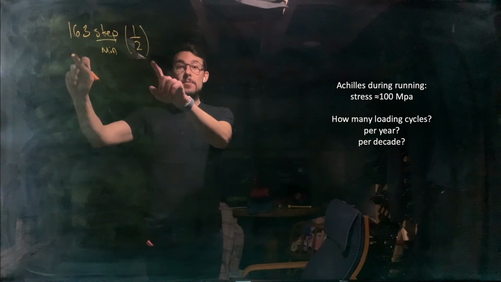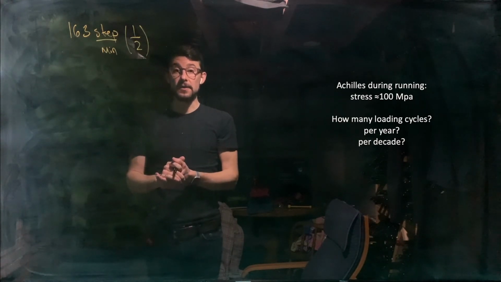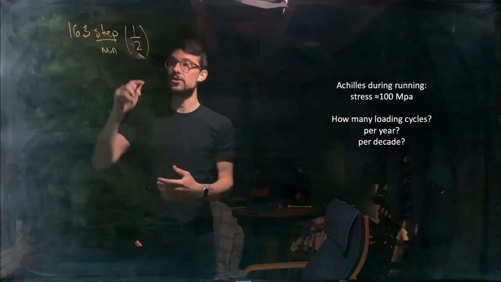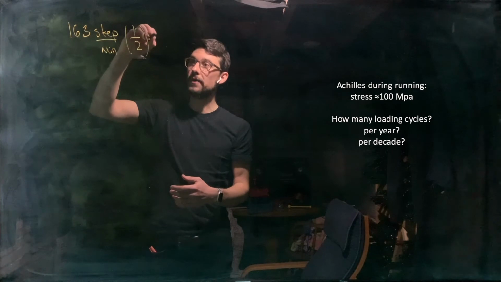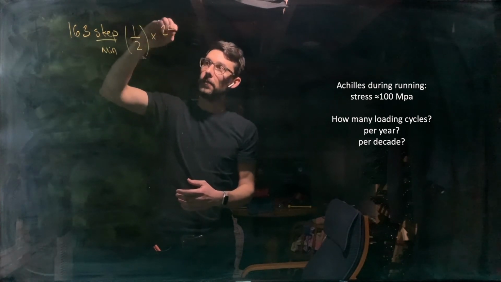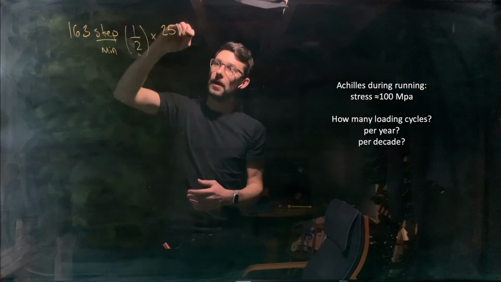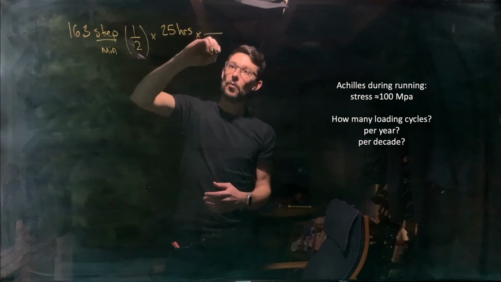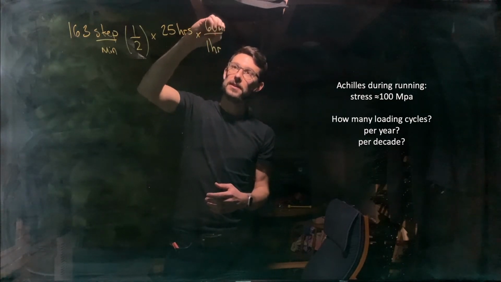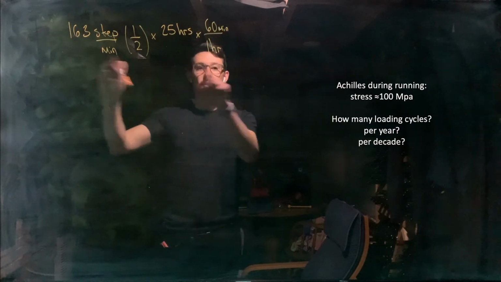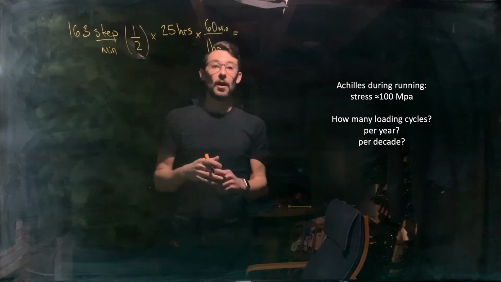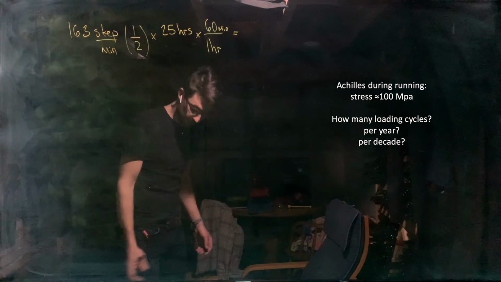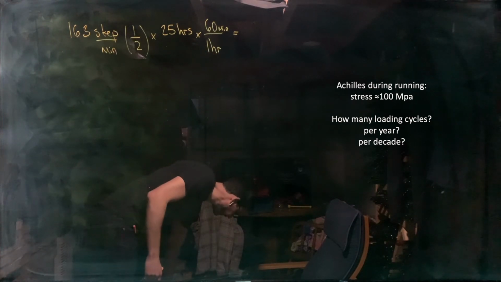And then if we multiply that by, let's say, the total time that I'd run in a year, which last year was 25 hours. Here we've got 25 hours of running, multiplied by 1 hour is 60 minutes. That gives us the total number of loading cycles that one of my Achilles tendons would have experienced in a year.